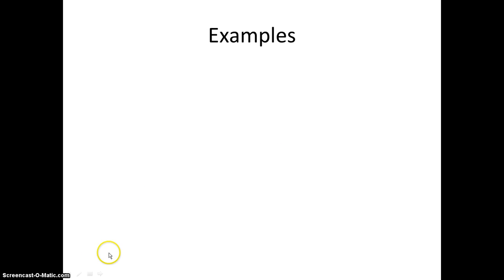Some other examples of things that you might see or be asked questions about. So you might get something like that, and they'll say, what is the parent function? Well, we should know it's square root of x, right? There's a square root in the equation.